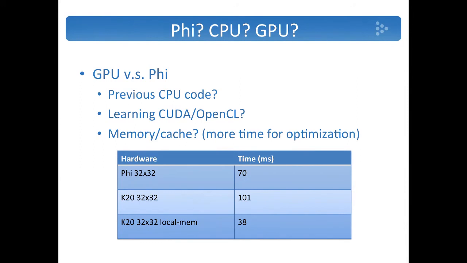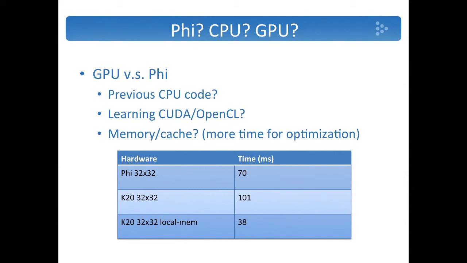I will give you a result comparing the Xeon Phi and the K20 GPU. I have the same kernel. It's a two-dimensional convolutional kernel, and in the first one we don't use any local memory. I mean, we don't use shared memory. It just uses the cache, and you can see that the Xeon Phi is faster than the GPU.